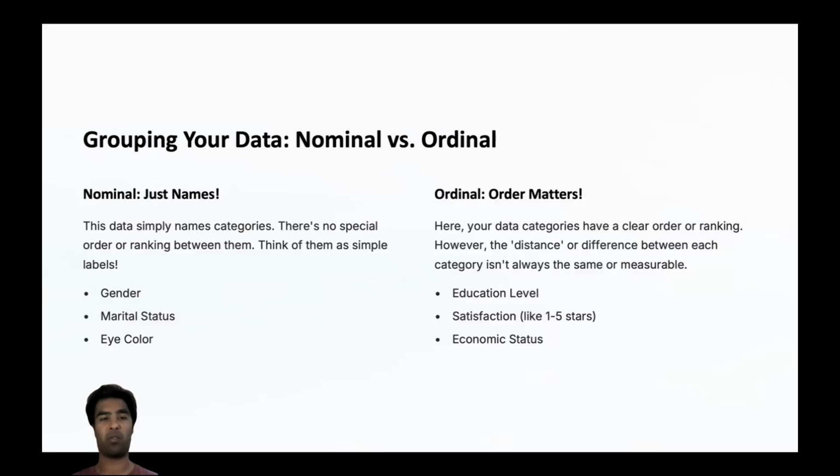There's no special order, no ranking, something like gender or eye color. While ordinal is where they have a clear order or ranking, something like education level, economic status, satisfaction. Sorry about that.